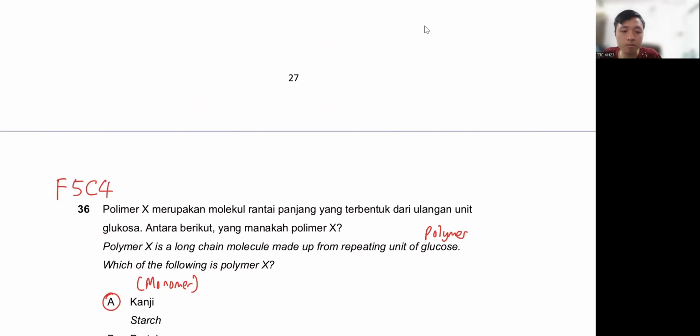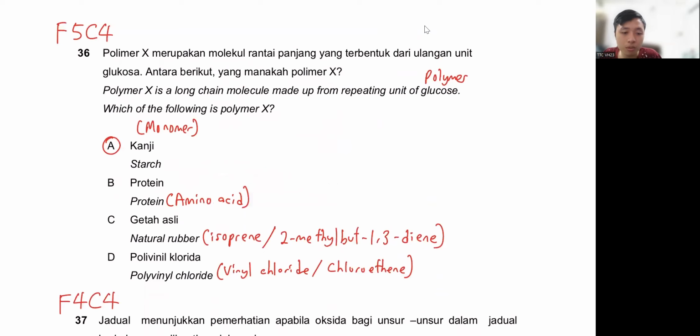Then question 36 is from Form 4, which is A. They're talking about polymer X made up of many repeating units. Many repeating units are called monomers. A polymer is made up of many monomers. So which of the following is polymer X?